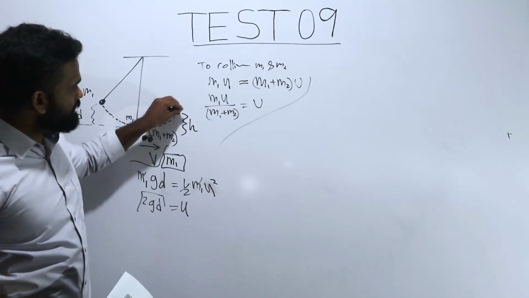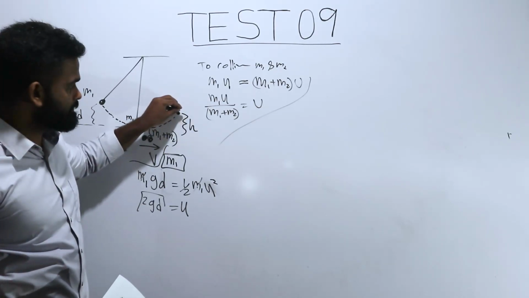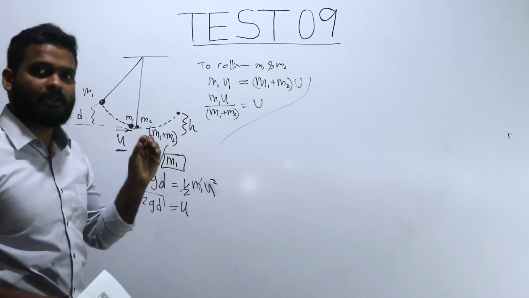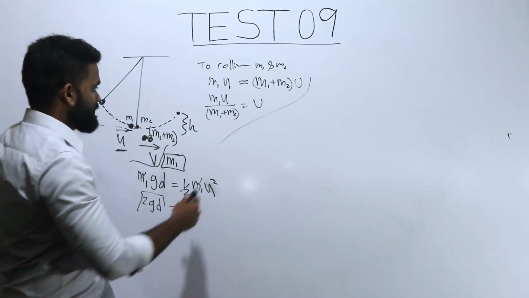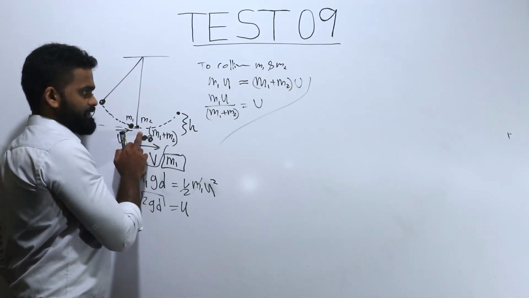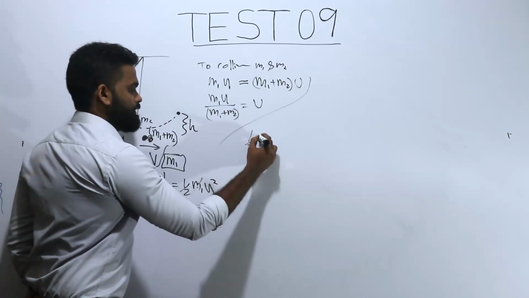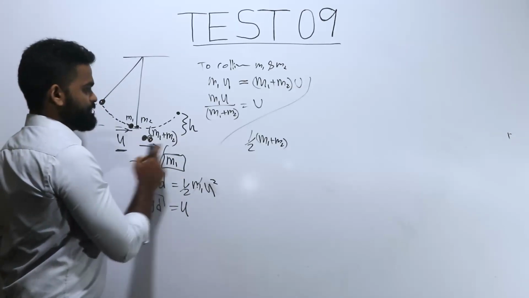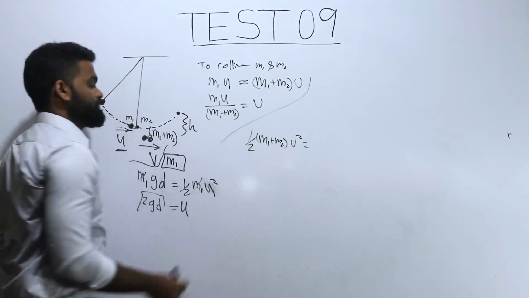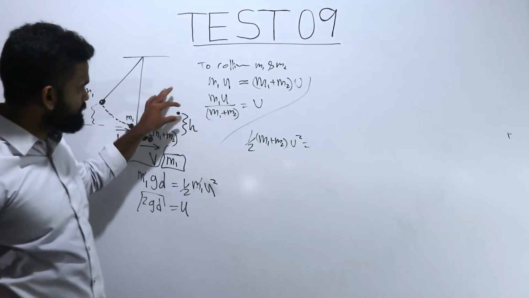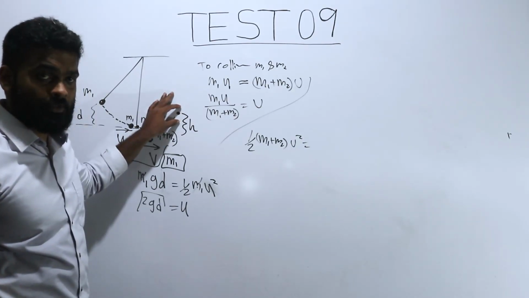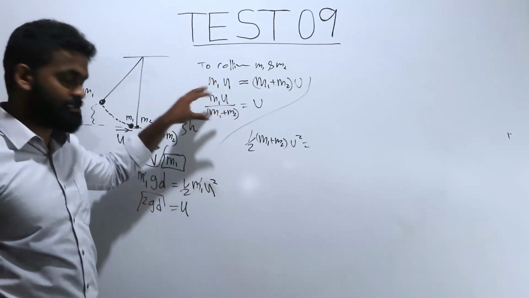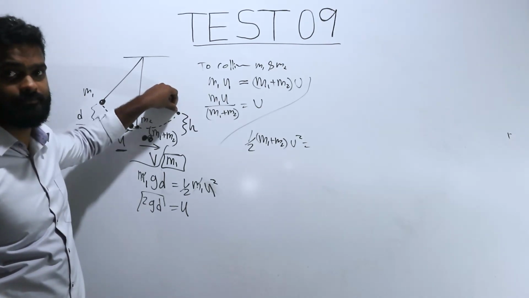m1 plus m2 starts to move upwards. For that motion, I can apply energy conservation. Here it has only kinetic energy, that is half m1 plus m2 times v squared. That kinetic energy converts completely into potential energy because the object stops here.